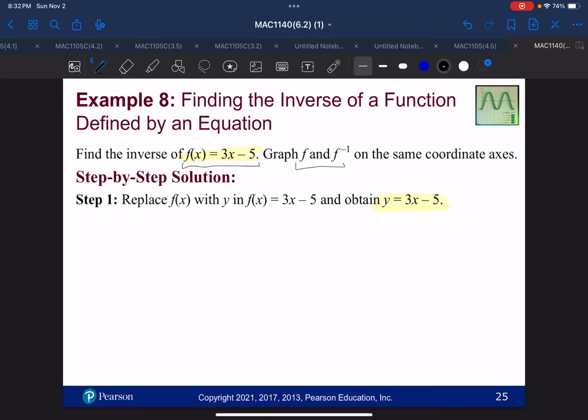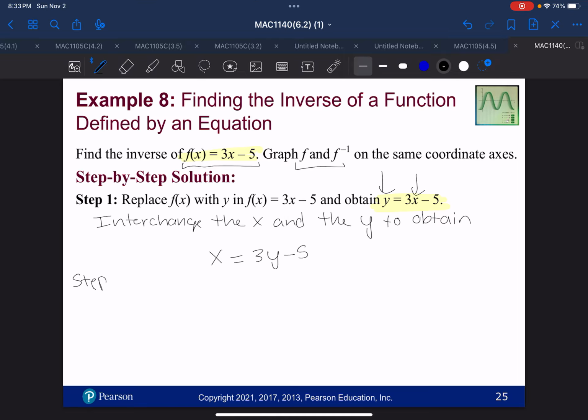And now I will interchange the x and the y to obtain, so instead of y here, I'm going to put an x equals, and instead of this x, I'm going to put y. So I have x is equal to 3y minus 5.